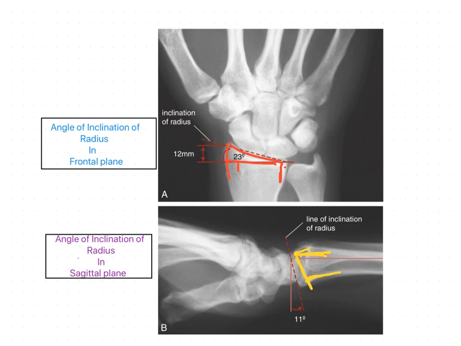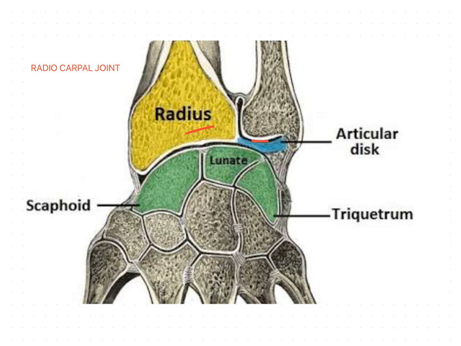The triangular fibrocartilaginous complex consists of the radio-ulnar disc and the various fibrous attachments which provide the primary support for the distal radio-ulnar joint, although the attachments to this triangular fibrocartilage complex may vary.